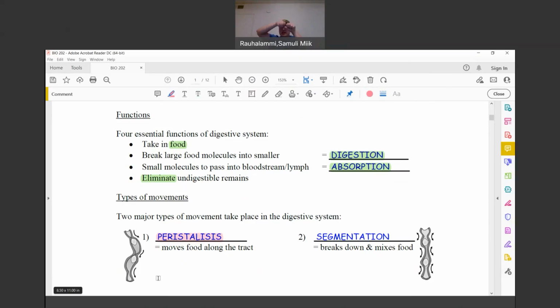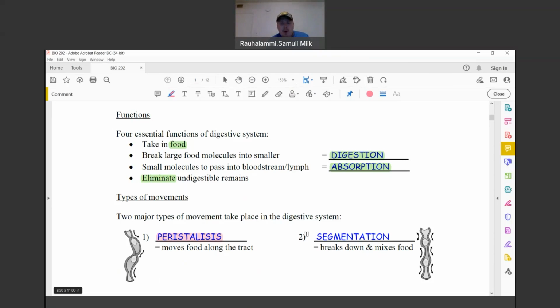So it generates this wave-like movement that helps to push the material along in that tube. So that's our peristalsis. And we saw examples of that. We're going to talk about it in terms of the digestive system, passing food along, but we've seen examples, for example, in the urinary system, and so on.